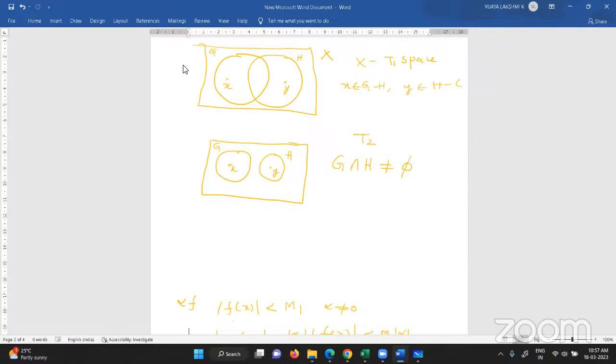So this is T2 space and the above one is T1 space. From this, I explained one theorem: every Hausdorff space is a T1 space, but a T1 space need not be a Hausdorff space.